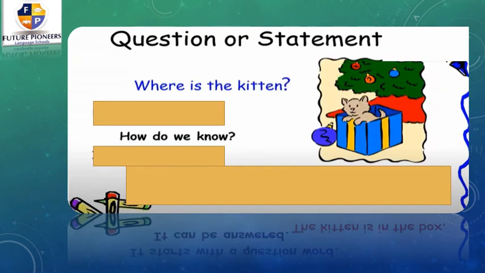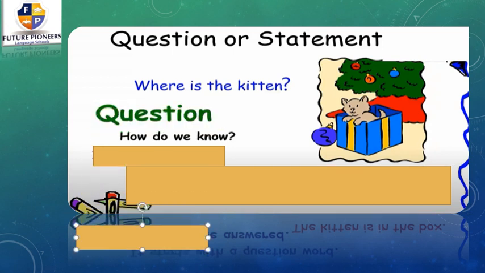Let's see the next one. Where is the kitten? Do you think this is a question or a statement? Does it end with a full stop? No, it ends with a question mark. Yes, that's correct. Super. This is a question. How do you know that?